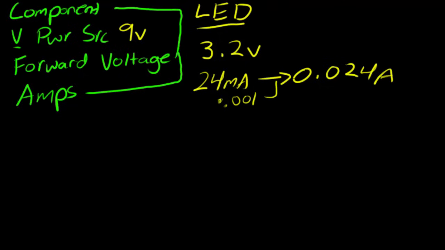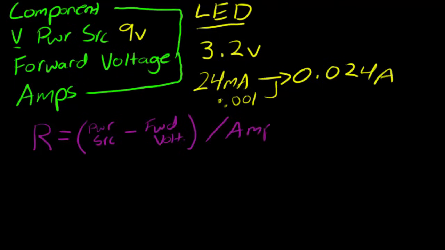Now we have all of the information we need for this equation to tell us how much resistance we need. Basically, what we are going to do is we are going to say the amount of resistance we need in this circuit is going to be equivalent to, and I'll write it out first, our power source voltage minus the forward voltage of our component, all divided by the amount of amps we have.